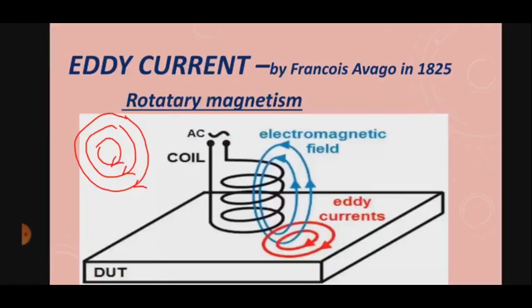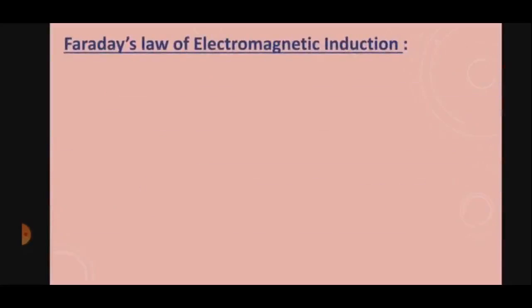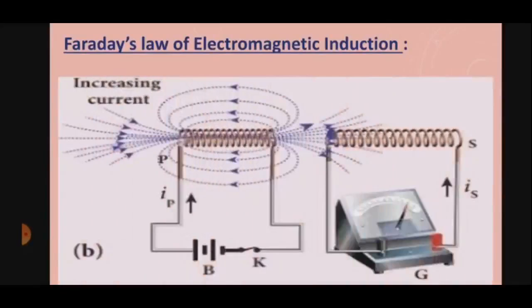After that, a few years later, Faraday told about the law of electromagnetic induction. Now tell me, what is meant by electromagnetic induction? It is nothing but producing induced current when changing magnetic flux is linked with a coil of wire.